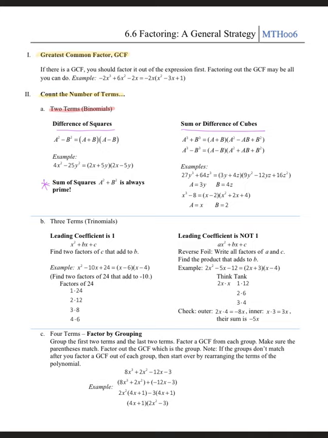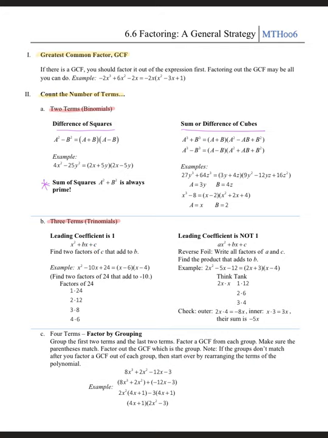If there are three terms, meaning that if you have a trinomial, it's either going to have a leading coefficient of a positive one or a leading coefficient that is not one. In the end, whenever you have a trinomial, they will factor to two binomials.